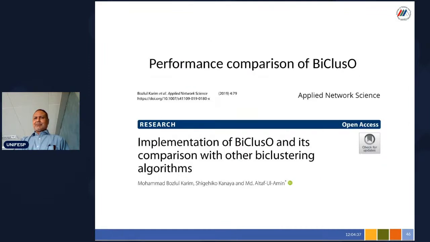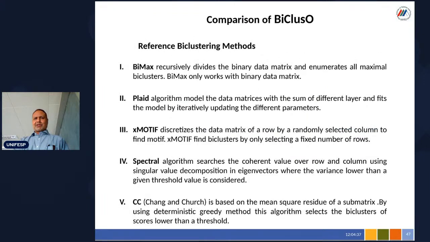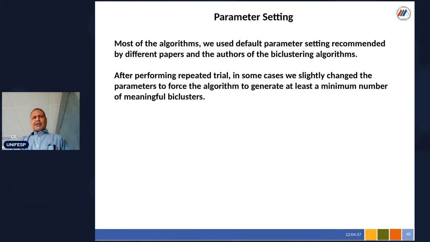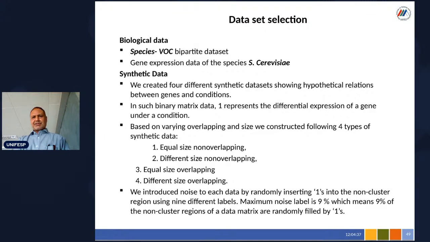We also compared BiClass O with several other biclustering algorithms, BiMax, XMotif, Spectral and so on. We used the optimum parameters for each algorithm, and then we applied them. For comparison, we utilized three types of data: species VOC relational data, gene expression data of yeast, and also synthetic data.